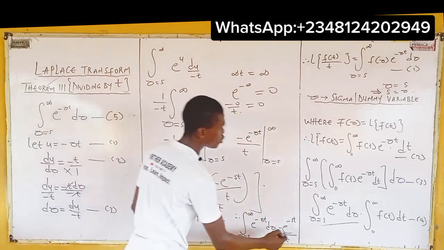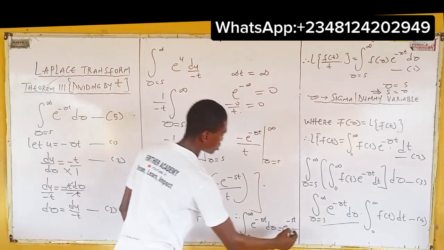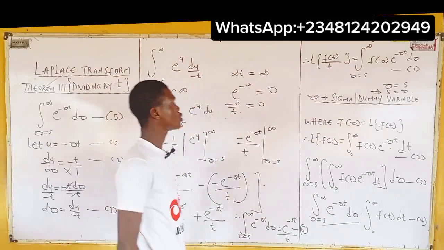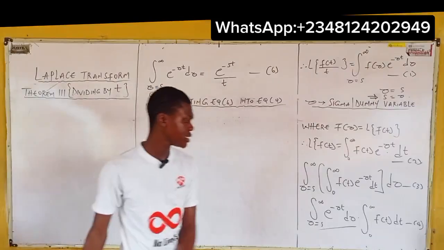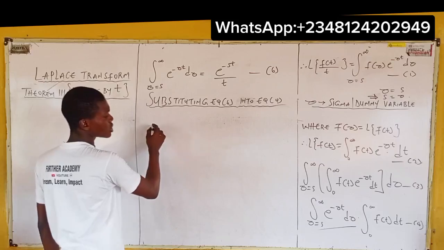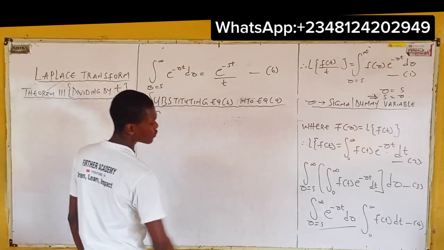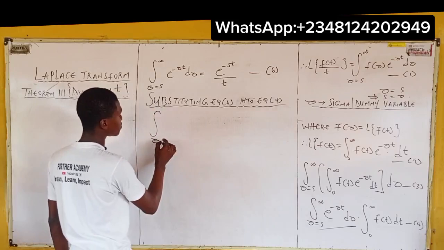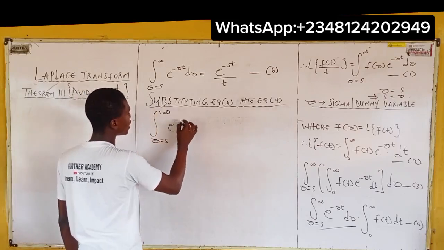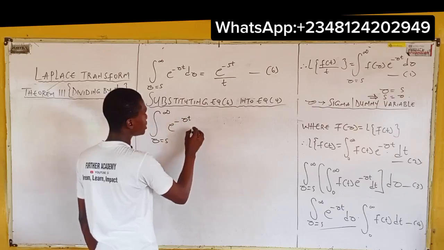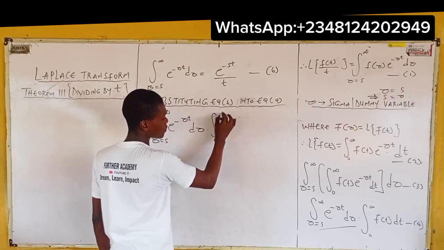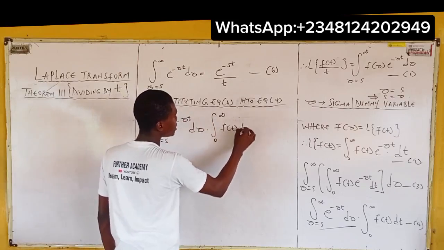So this is equation 6. Substitute equation 6 back into equation 4. Substituting equation 6 into equation 4, from equation 4 we have the integral from sigma equals x to infinity of exponential negative sigma multiplied by t d sigma, multiplied by the integral from 0 to infinity of f of t dt.